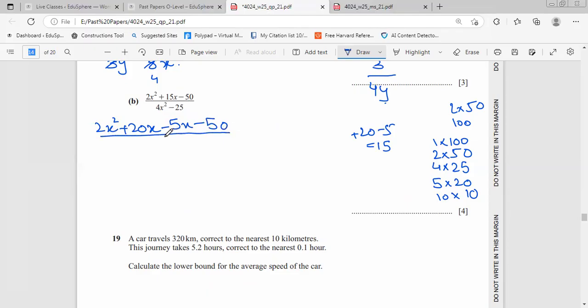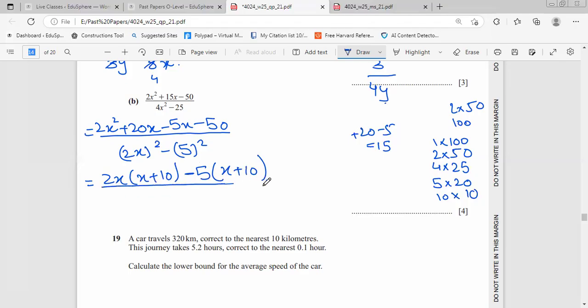Take common from the first two terms, so it's 2x times x plus 10, minus 5 is taken common, and because of this minus sign, the next sign will be changed, so it will be x plus 10.